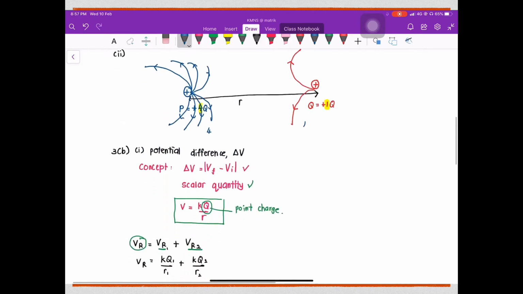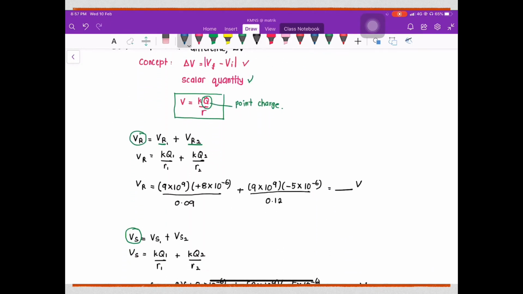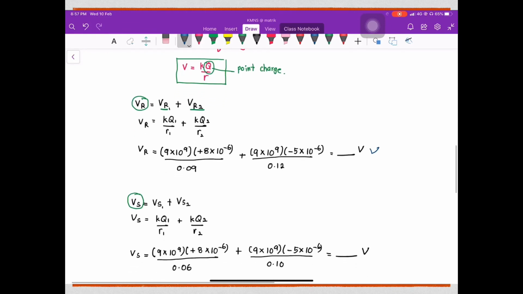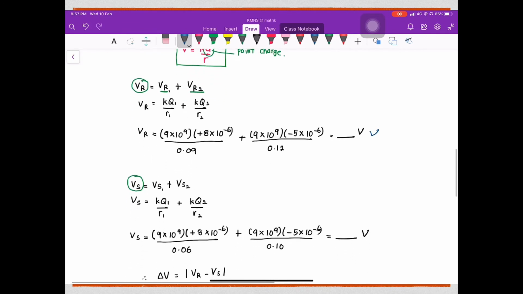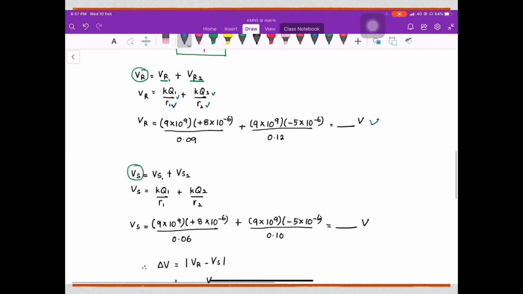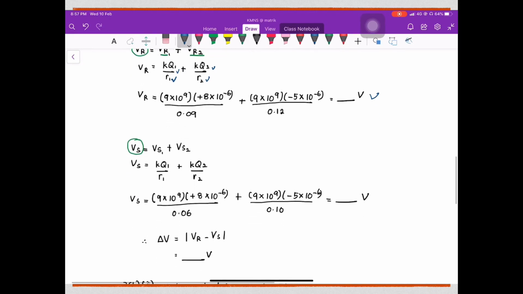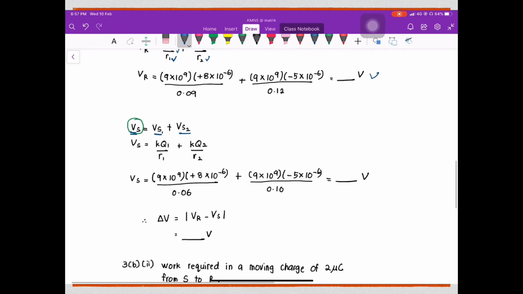Okay, so how? So now this is the net electric potential for point R. Okay. Then substitute Q1, R1 here. And then this is the electric potential at point S. So here from Q1, here from Q2.